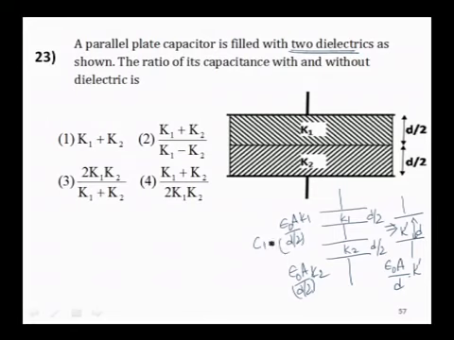And if this is C1, this is C2 and this is C series, you should use 1 by CS equals 1 by C1 plus 1 by C2. Epsilon A and D, everything will cancel out. You will get the relation between K dash in terms of K1, K2, you will get some answer. So, notice that doing all this is a little roundabout and it takes a long time.